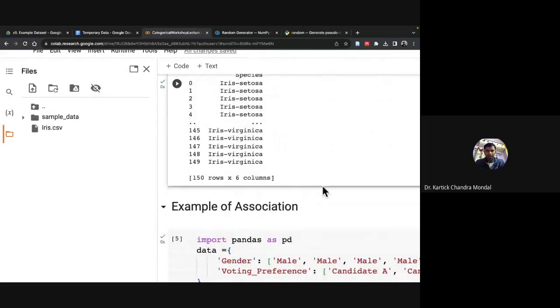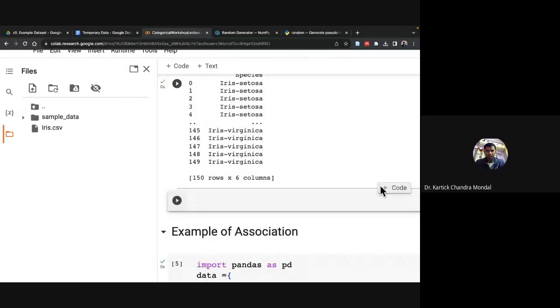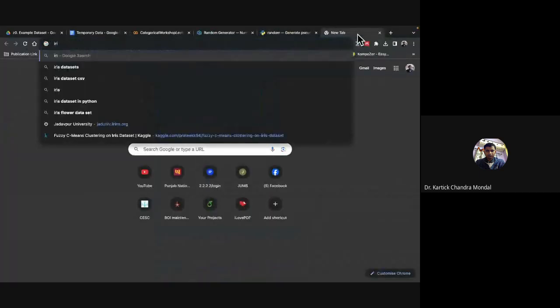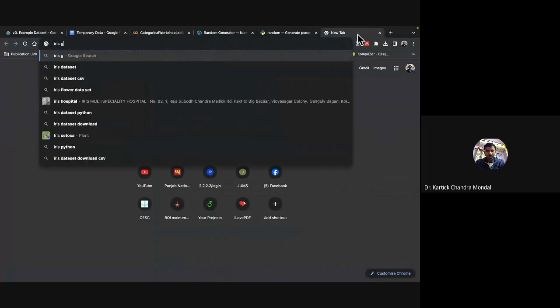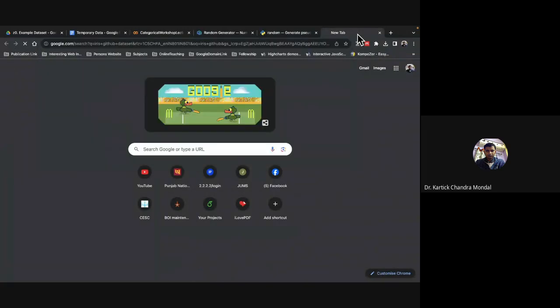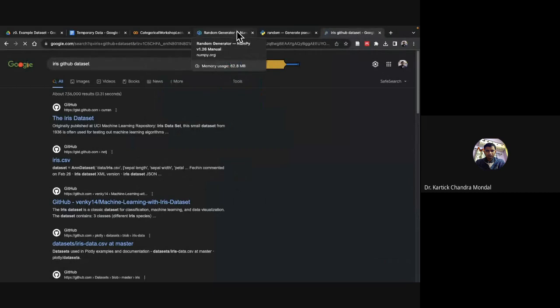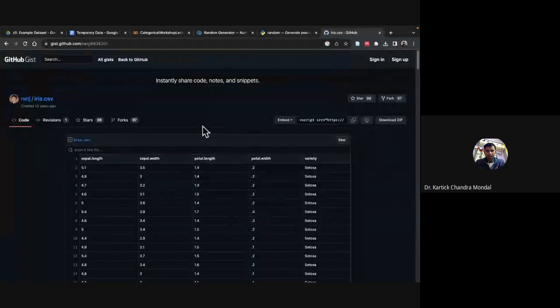Okay. So for GitHub, let's find a data set, the same data set, Iris GitHub data set. Because nowadays most people upload their data sets in GitHub, and instead of downloading and then uploading and using it, which you can do, you can directly use the GitHub data set. Say here you have the data set.